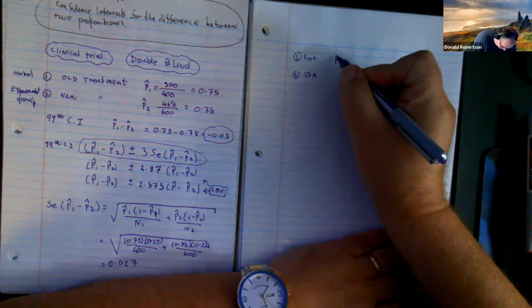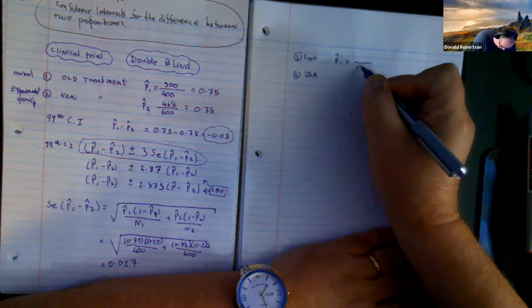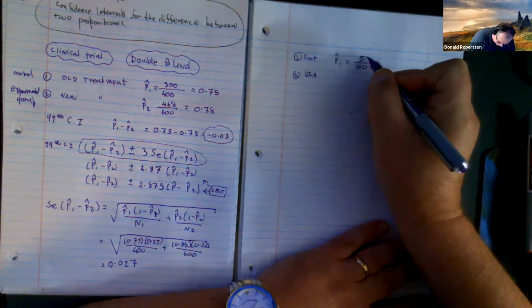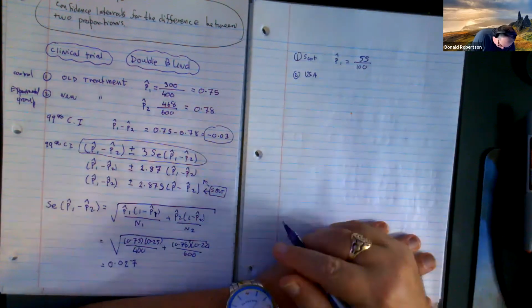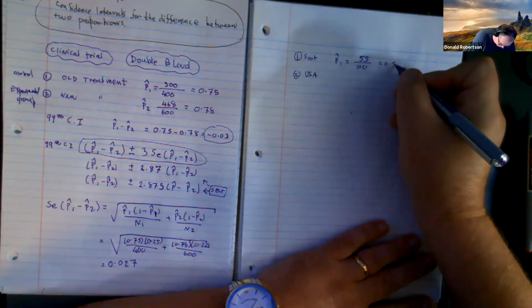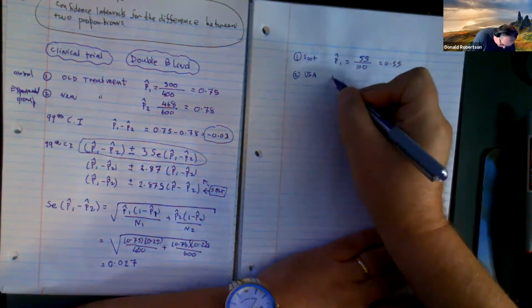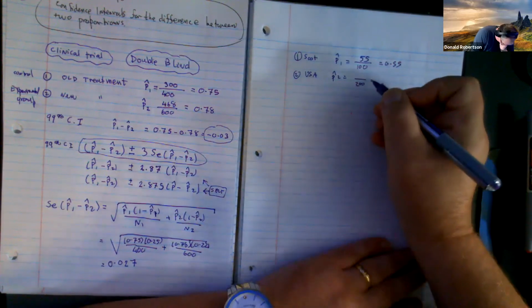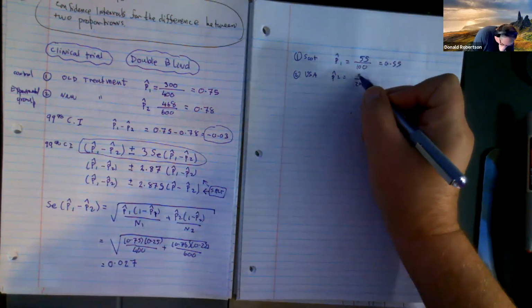In Scotland, we did 100 people, and 55 of them, adults we're talking about, still smoke. And Americans, we did say 200 of them, and 80 of them still smoke.